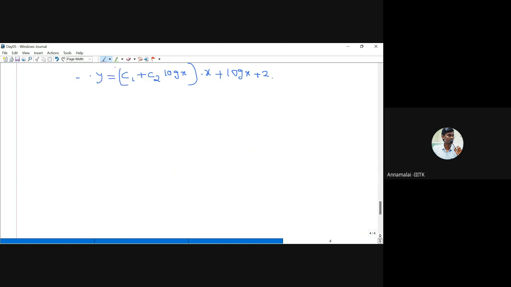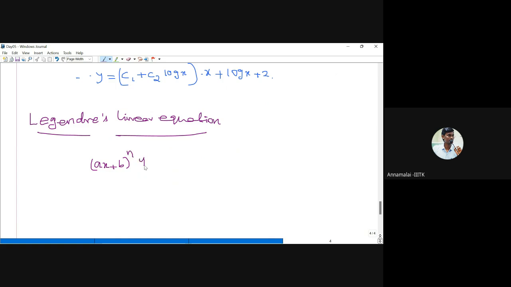So Legendre's linear equation is of the form, the general nth order: ax plus b whole power n times y power n, that is the nth derivative, plus some constant k1 times ax plus b power n minus 1 times the n minus 1th derivative of the function, and so on and so on.